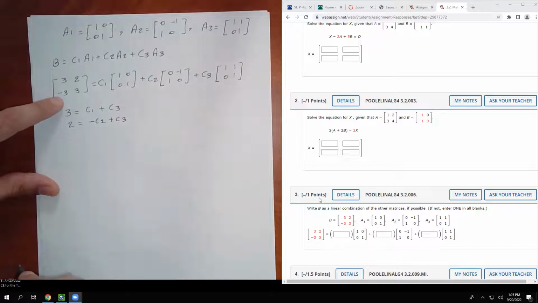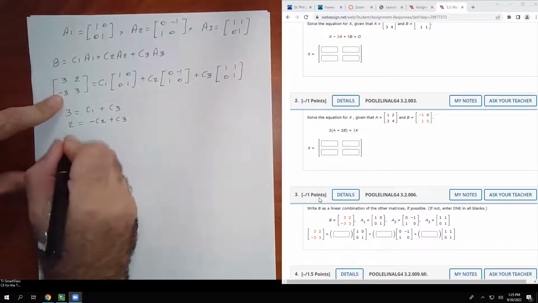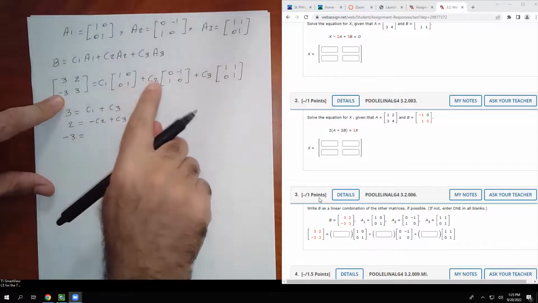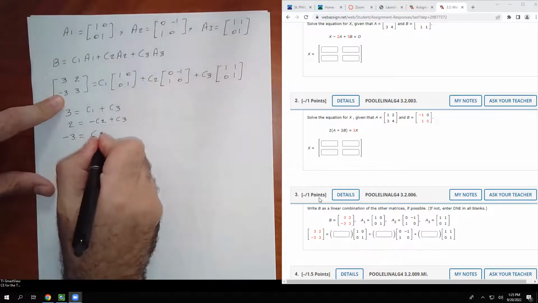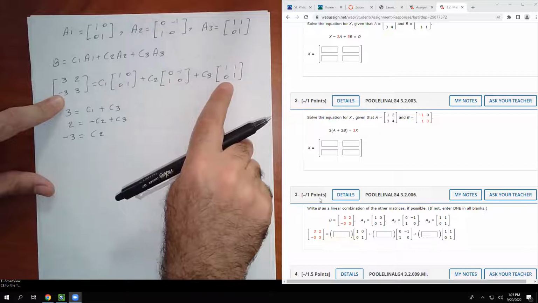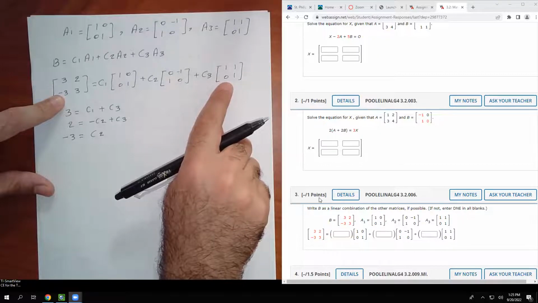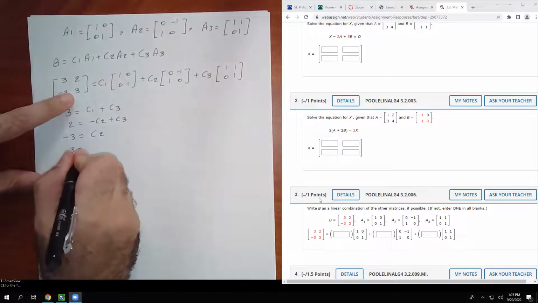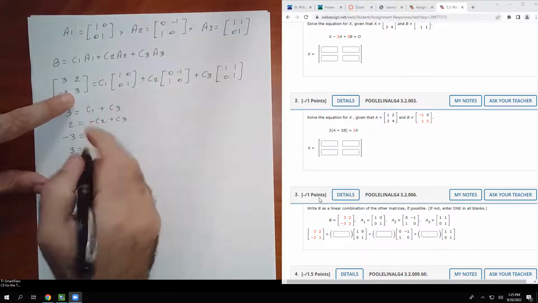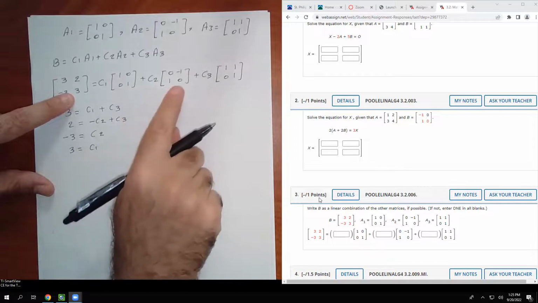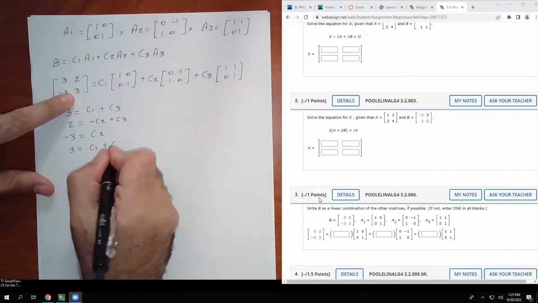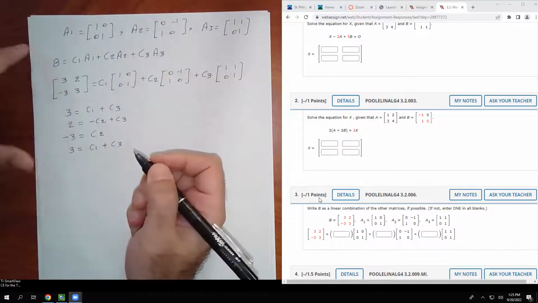Now, the third element here, -3, equal C1 is 0, C2, C3 is 0. The fourth element, 3, is going to be equal C1, C2 is 0, C3 is 1. So plus C3. So here's the system.